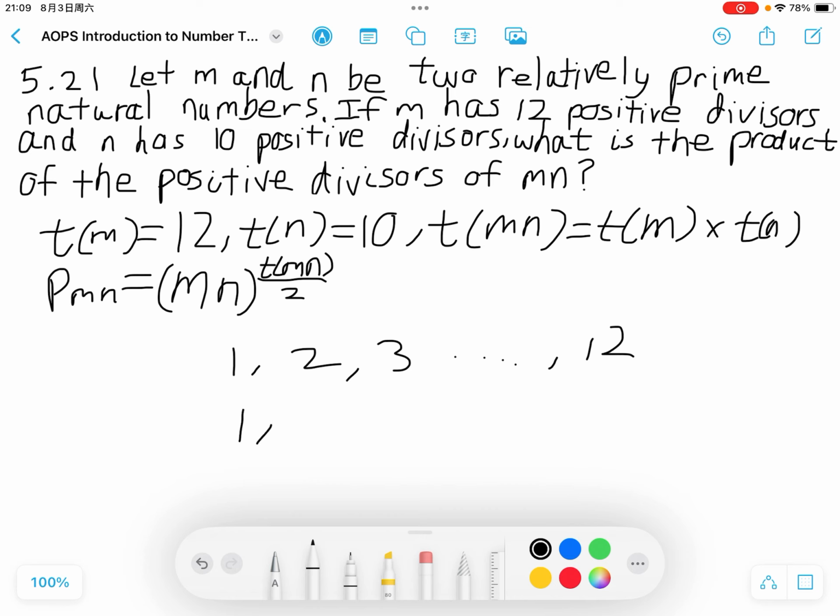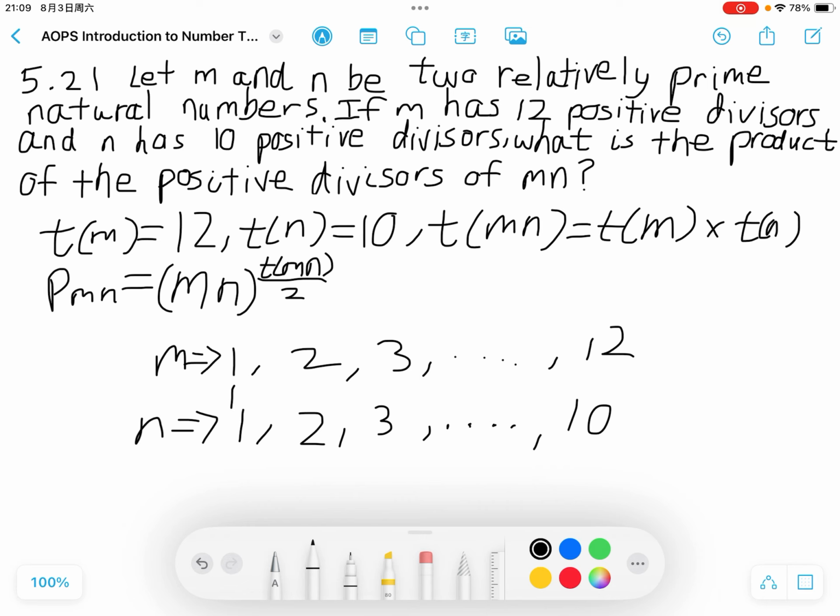Then for every single divisor, we can pair up with divisors of n, so up to 10, because there are 10 divisors. So this is just an example.